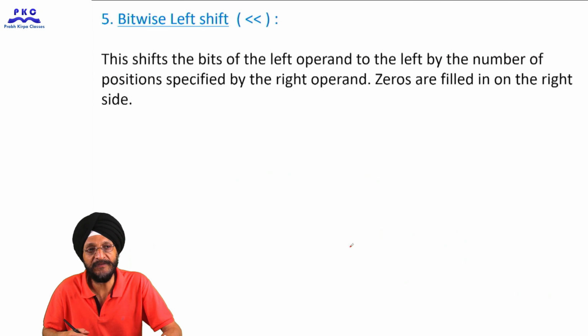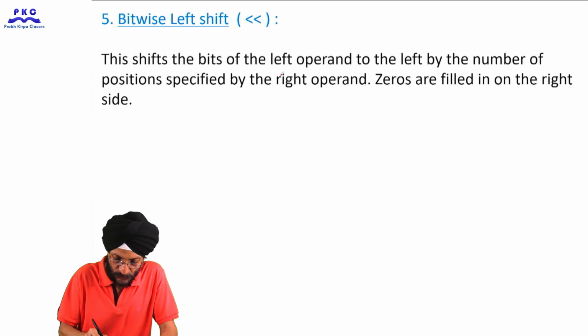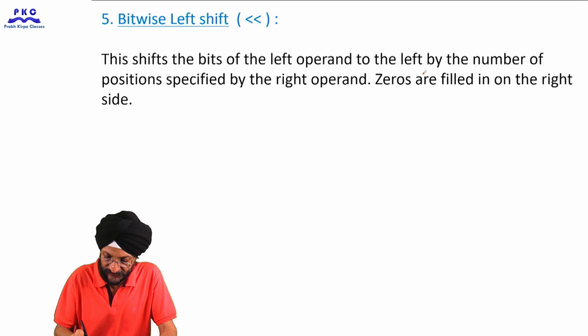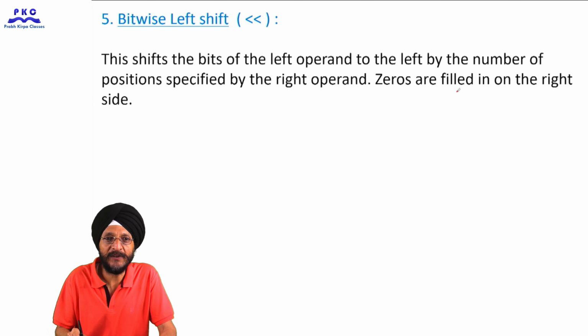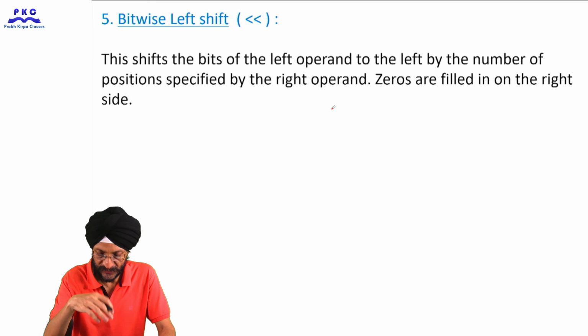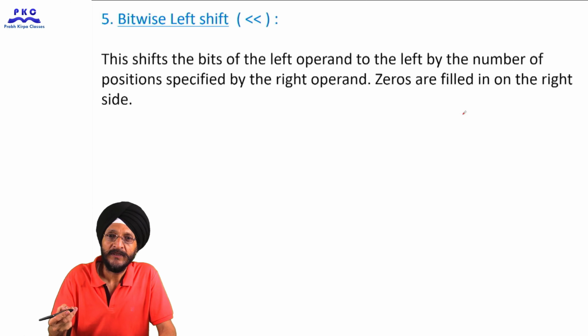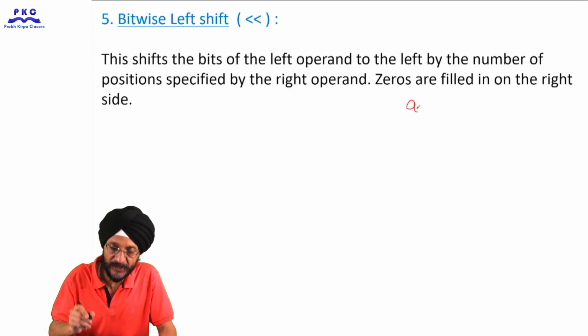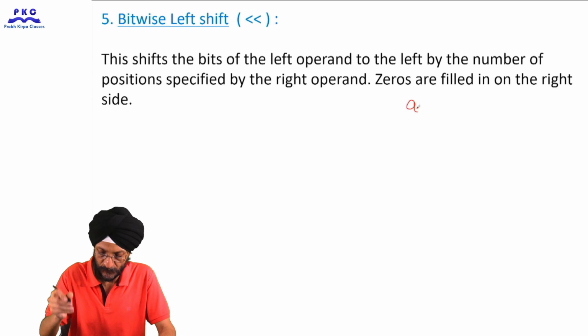Now, the bitwise left shift operator. This operator shifts the bits of the left operand to the left by the number of positions specified by the right operand. Zeros are filled in on the right side. What does it mean? It seems very technical, but it is very simple. Suppose there is a variable a, and it has a certain decimal value.